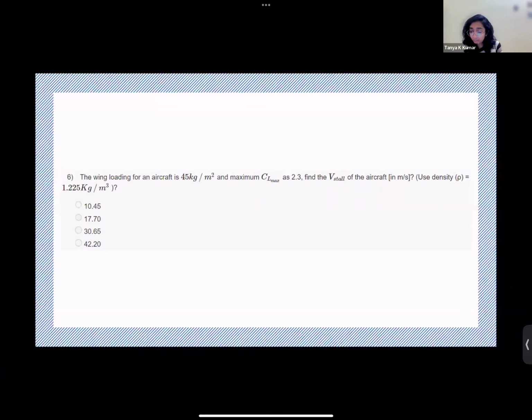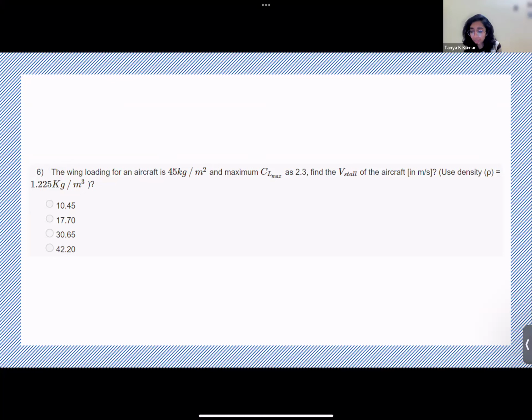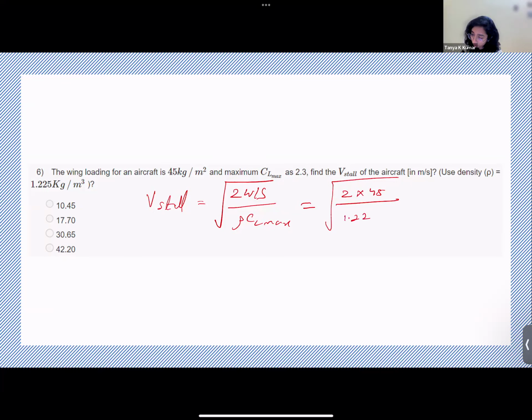Okay. The wing loading for an aircraft is 45 kg per meter square and CL max is 2.3. Find the V stall of the aircraft given the density. Direct formula substitution, we just saw the formula. V stall is under root 2W by S rho CL max. So direct substitution, just do that. 2 into 45 by 1.225 into 2.3.